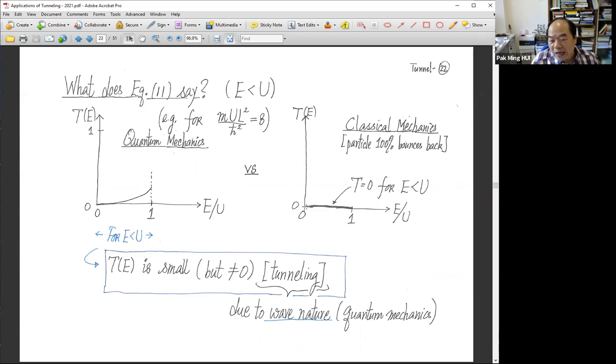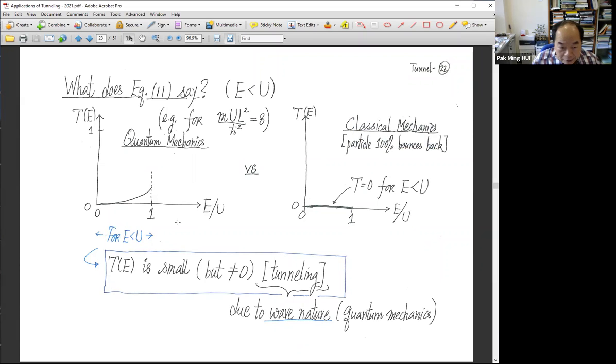Classically, if the energy of incidence is below the barrier, there is zero chance to get through to the other side. So the curve will be T is 0 all the way up to E equals U, and it will jump to 1 when E is greater than U. It's a step function in classical mechanics, okay?